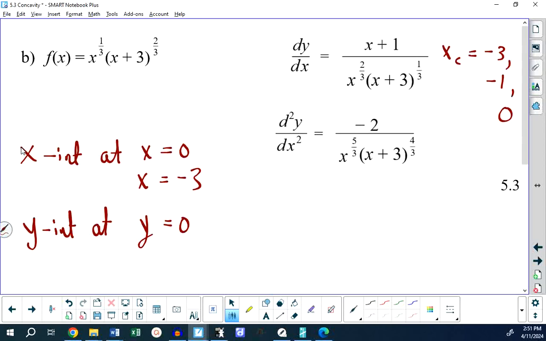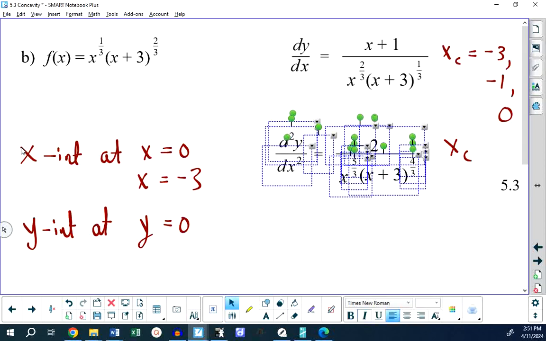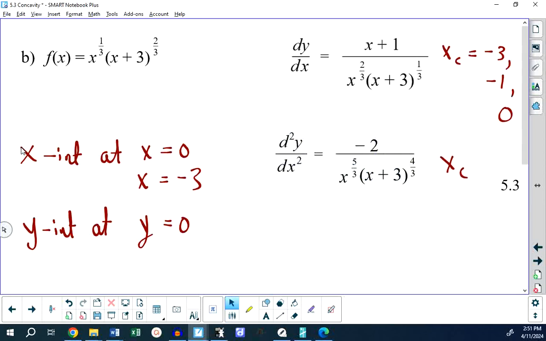For my second derivative, the critical values of x are 0 and -3. -3 and 0. I'll just put them in order.